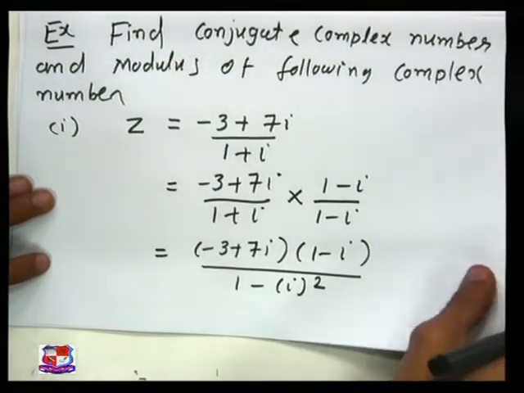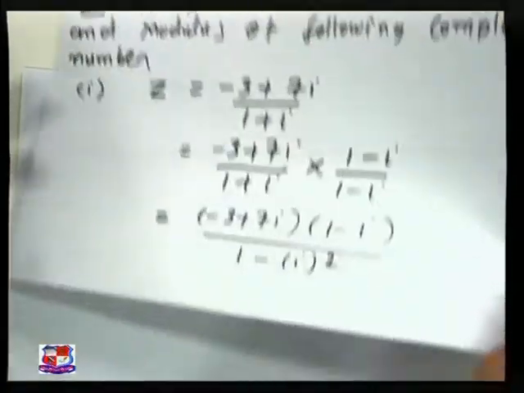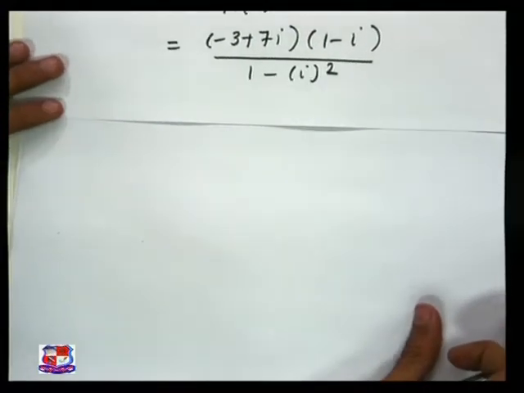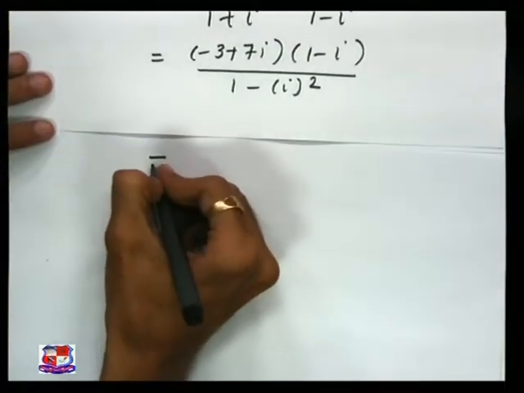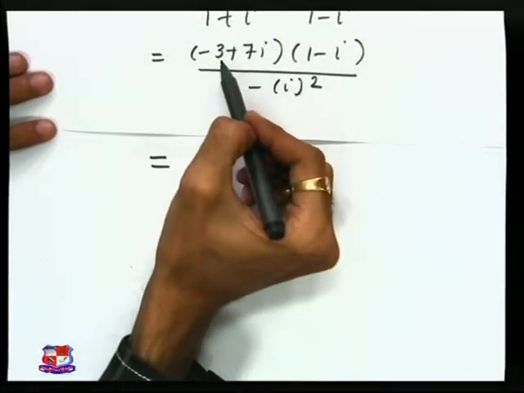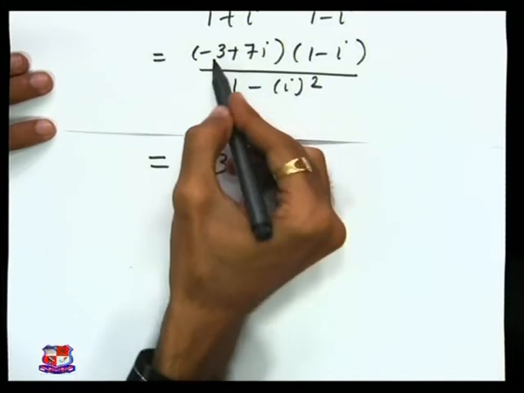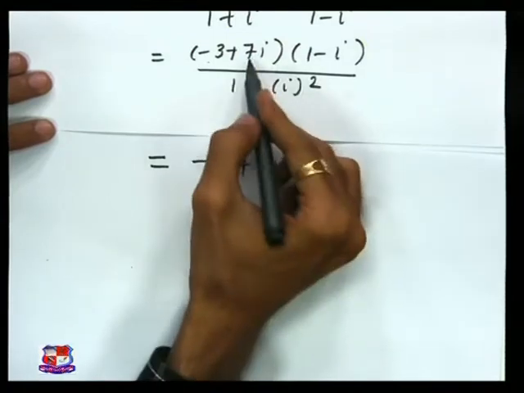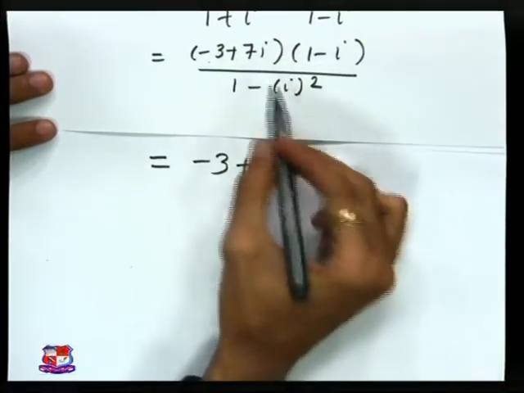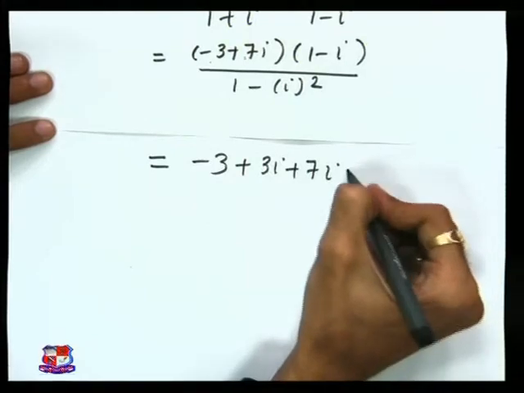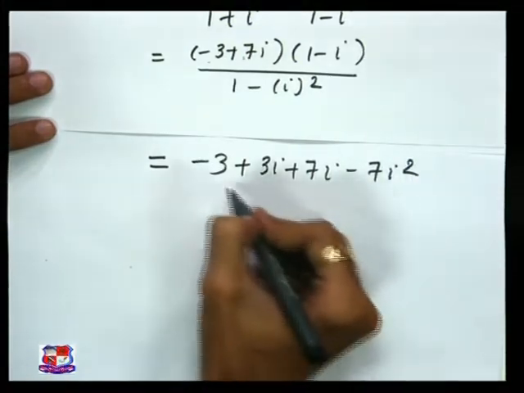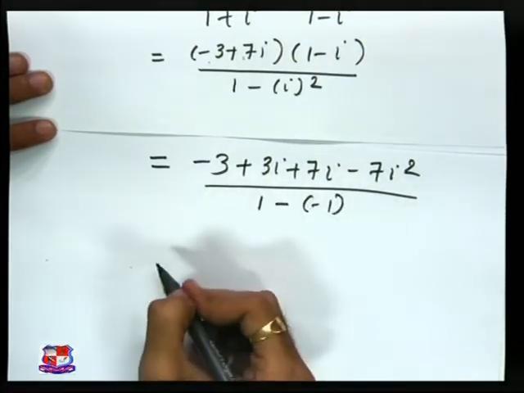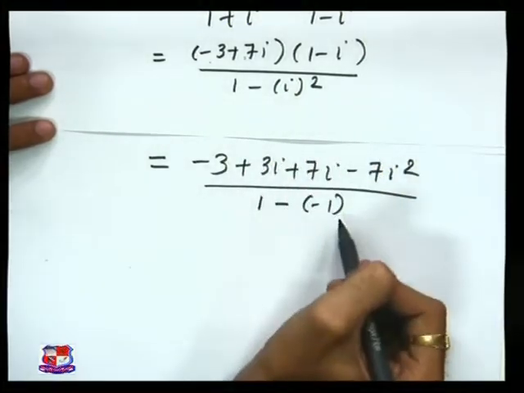Okay, and by simplifying this expression, I will get minus 3 into 1, that is minus 3, minus 3 into minus i, that is plus 3i, 7i into 1, that is plus 7i, and 7i into minus i, that is minus 7i square, upon 1 minus i square, that is equal to minus 1. Here i square is equal to minus 1.